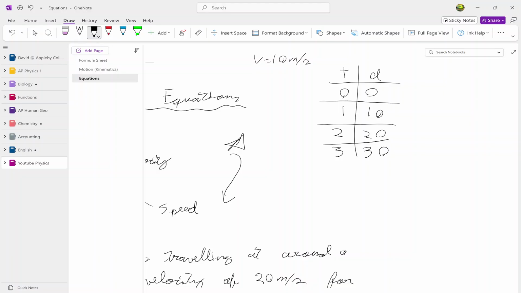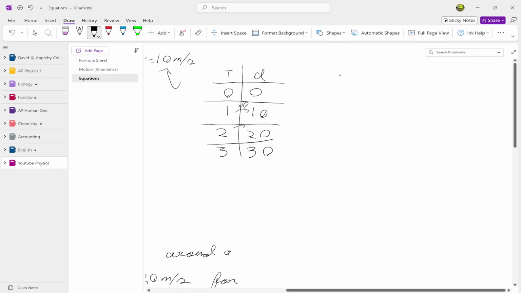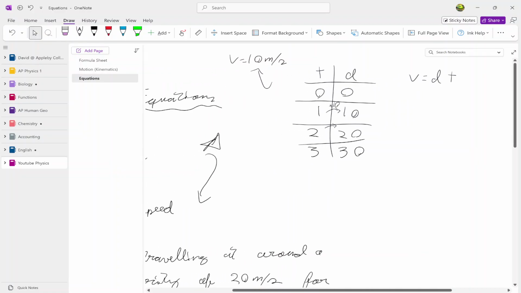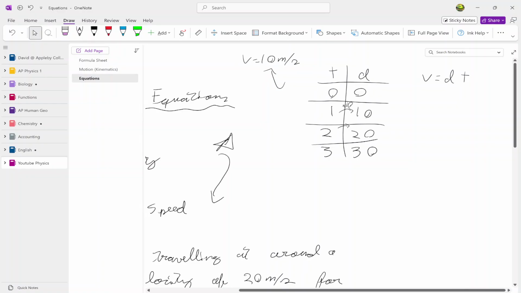And we can see that there is an interpretation here that this number times 10, right? And then the velocity is 10. So we can interpret that d over t equals the velocity, which makes sense, right? If you traveled 20 meters in 2 seconds, that makes you a velocity of 10 meters per second, because you always want to find the singular sense.